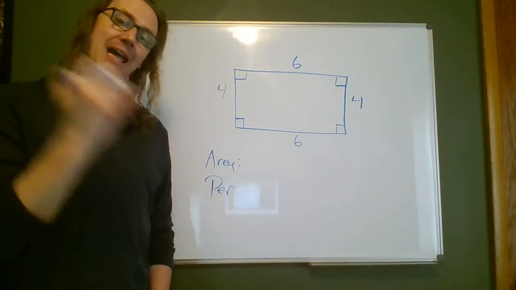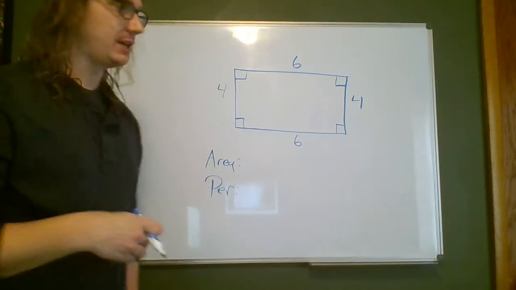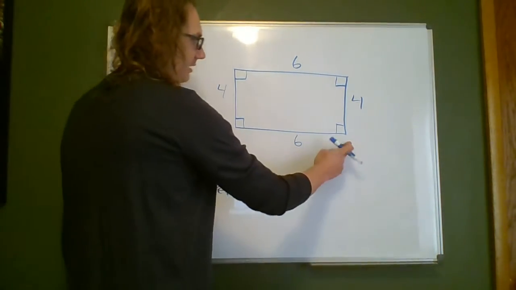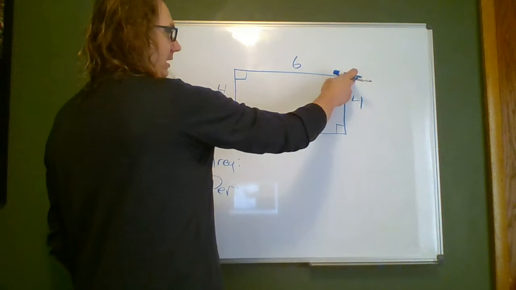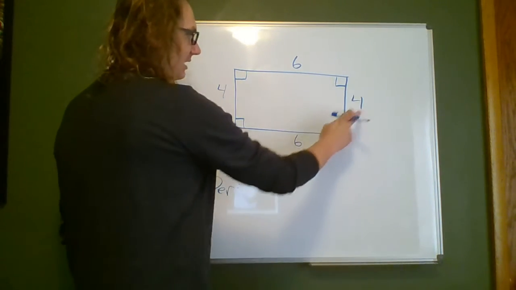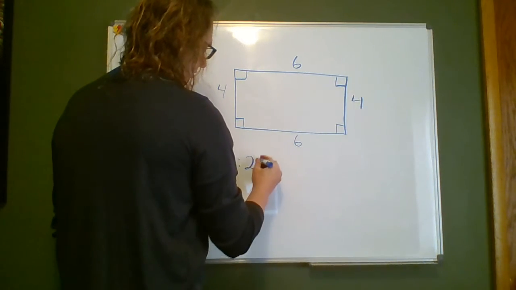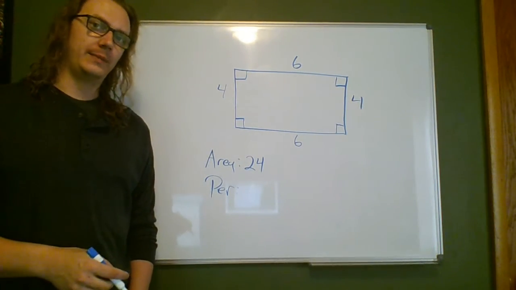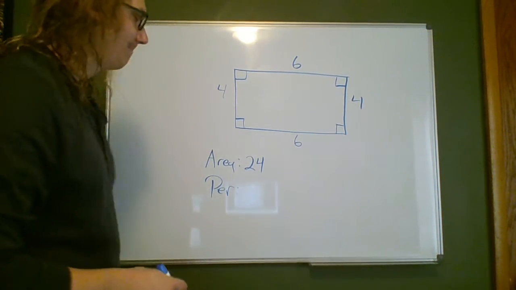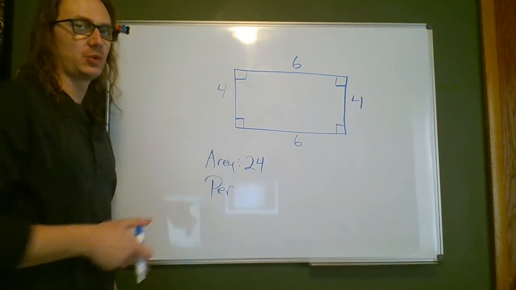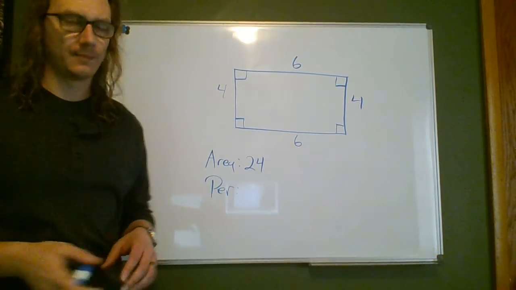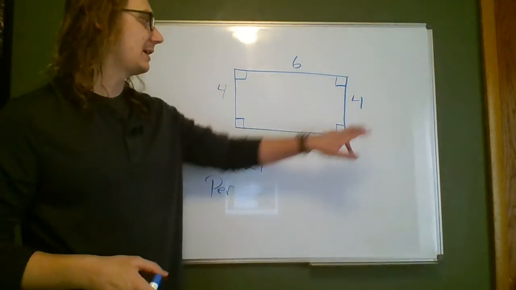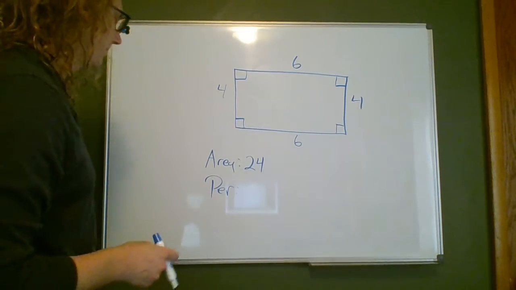Okay? Area is base times height. This is my base. This is my height. Okay? So my area will be 6 times 4, or 24, and I should have some units in there. Okay? So my area is 24 units. Okay? Base times height.